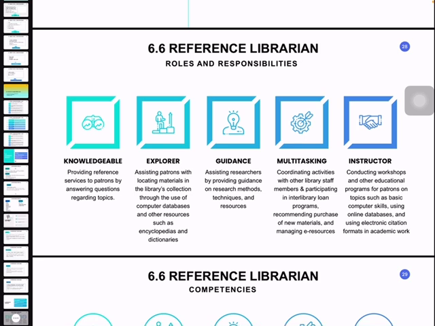Contohnya, they need to conduct computer class, assist user or teach user on how to use the computers, or maybe they need to organize information literacy class, and then they need to organize online database class, educate user on how to use online database and how to search in an online database.